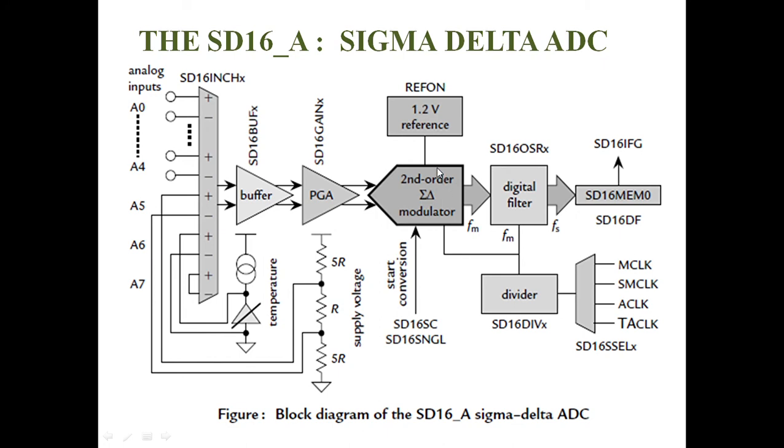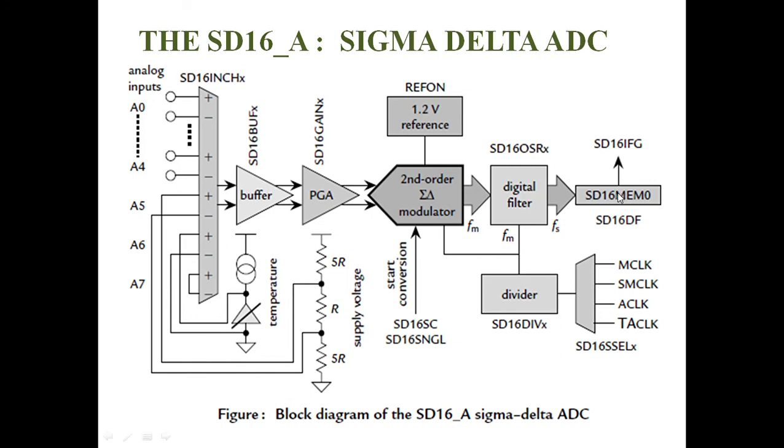So first we are getting the analog signal that is sampled here, then that is quantized here. After conversion, we are getting the digital value. So we are using a filter here to remove the unwanted signals in the digital value. Then that is given to the Sigma Delta 16-bit memory. Here we are using DTC, data transfer control, which transfers the converted value into the memory automatically without using the CPU.